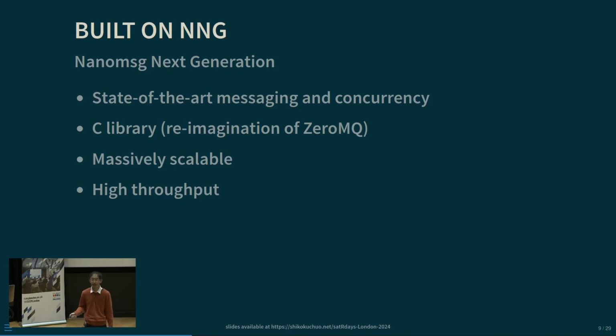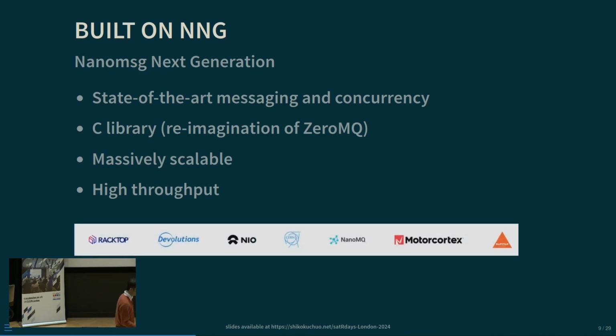So it can handle millions of messages, even tens of millions of messages a second. And so if you're using R, again, we're not really going to be pushing the limits of NNG because we're going to be limited by the speed of the R interpreter. And NNG itself is used in a lot of industrial contexts, including at CERN, presumably for some high-powered applications.